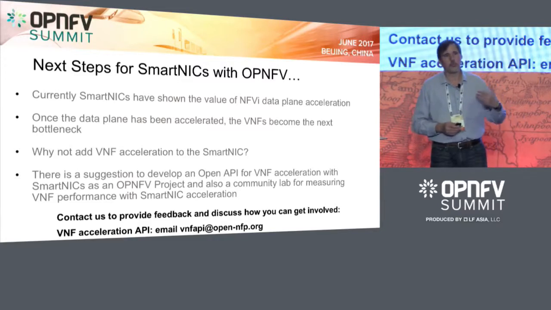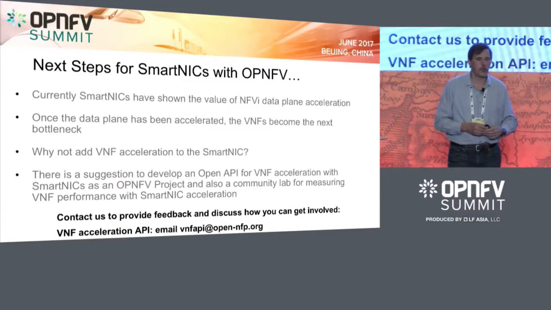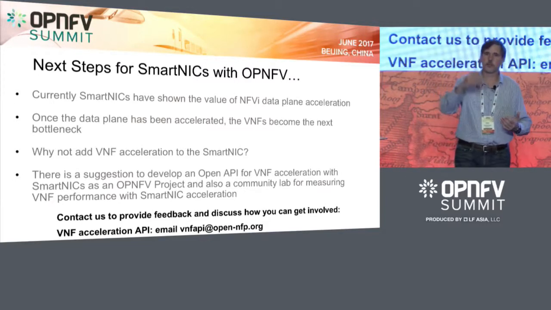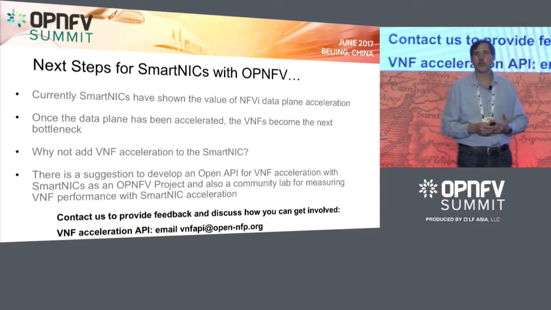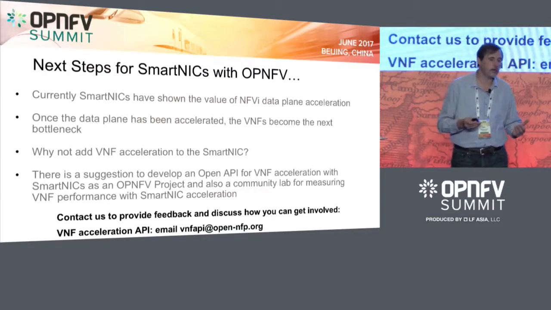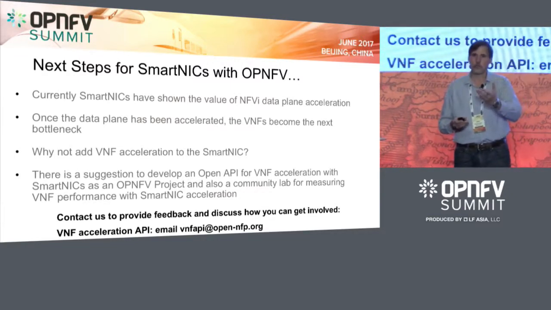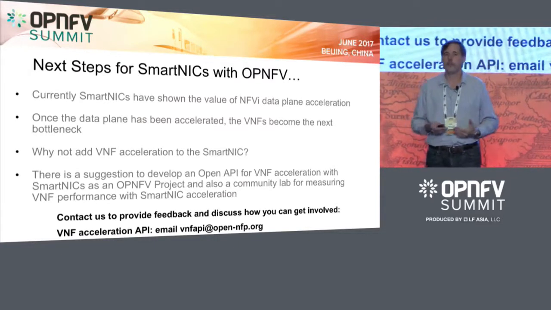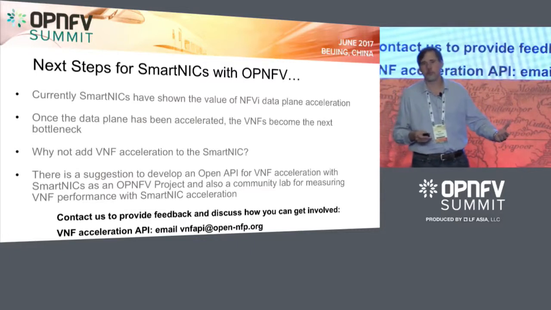So one of the things we talked about Monday at the mini summit about SmartNICs was that there are things you can do to accelerate VNFs onto the SmartNIC, right? Start pulling some of that VNF functionality into the SmartNIC. And one of the things that we've been discussing here at OPNFV that we're excited about is to develop an open API that would allow basically any VNF vendor to access acceleration functions on the SmartNIC.